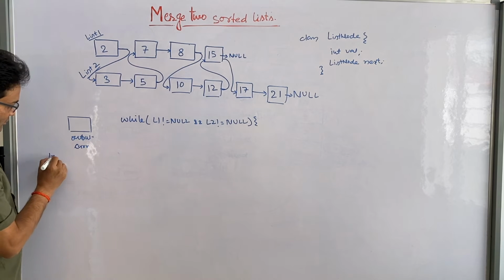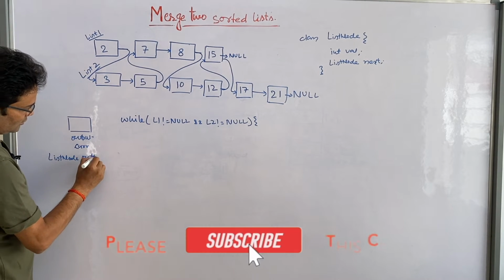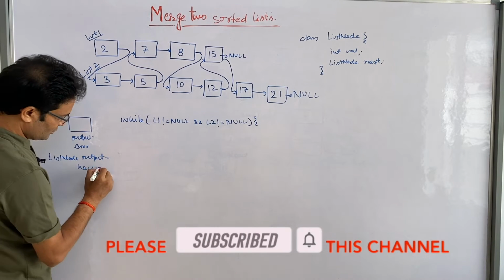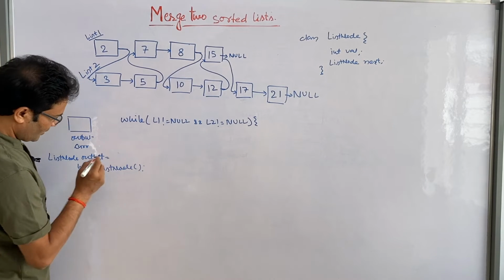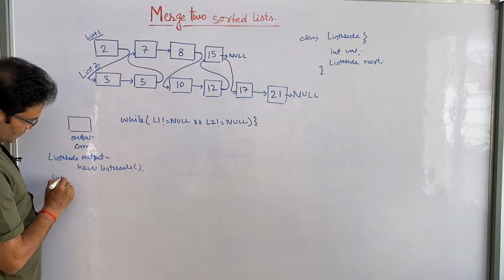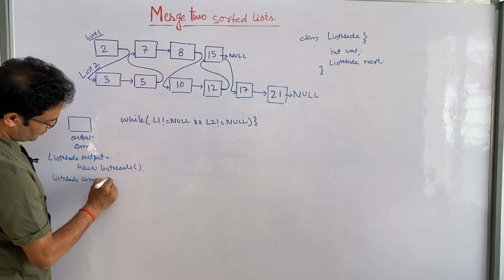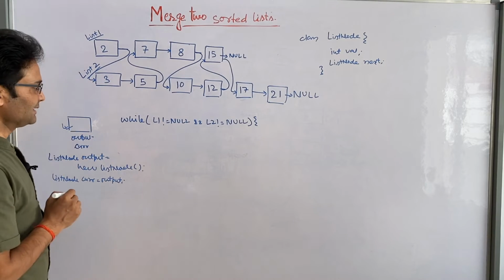I will write ListNode output is equal to new ListNode, and another one, ListNode current is equal to output. So both are the same box.